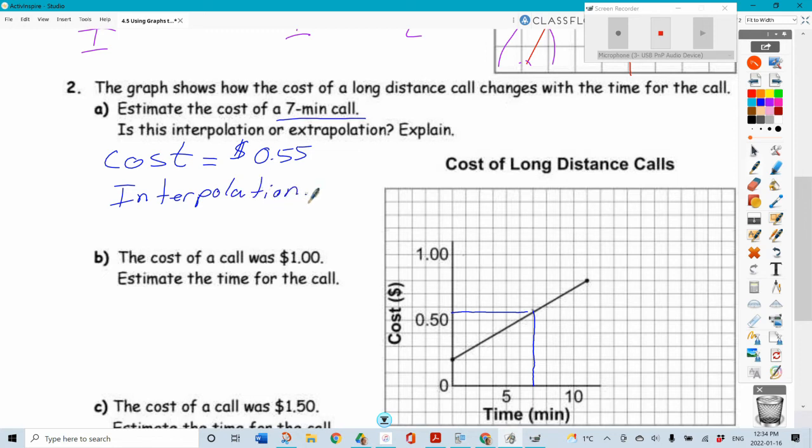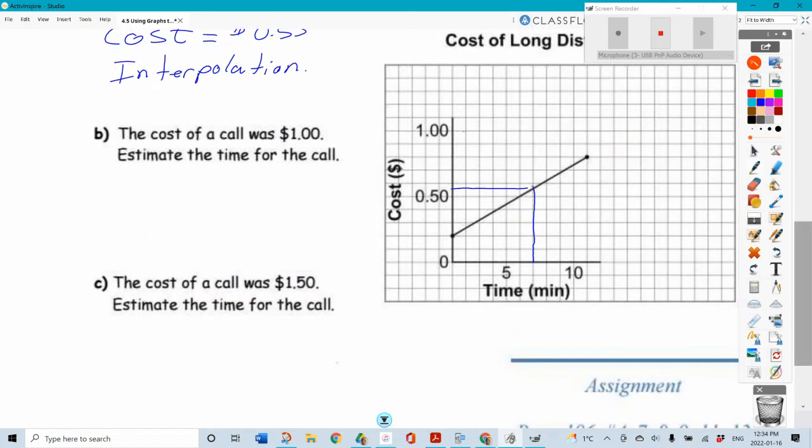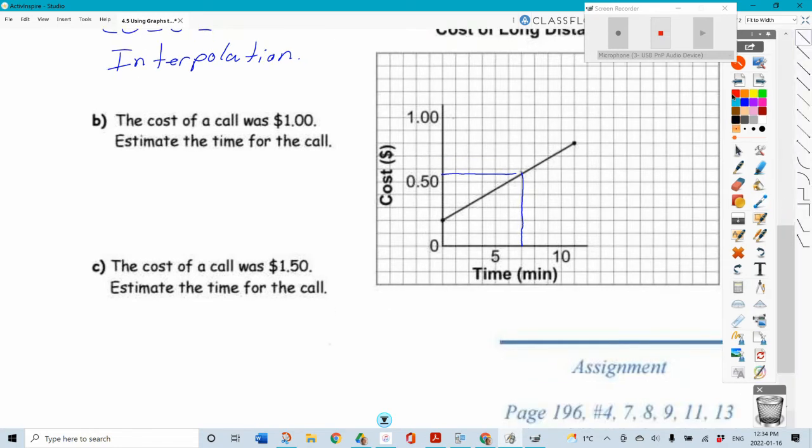All right, so for part B, the cost of a call was $1. Estimate the time for the call. Let's take a look here. If I know the cost of my call was $1, I'm going to take it here, and at $1 I'm going to draw a line over like this.